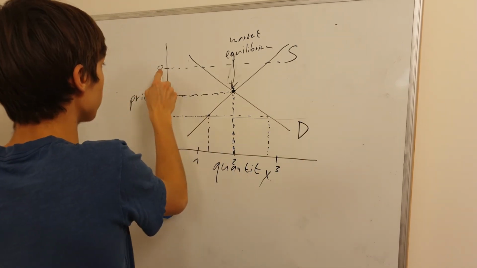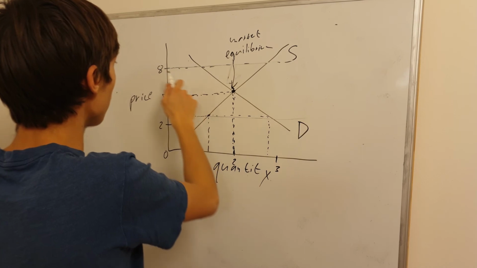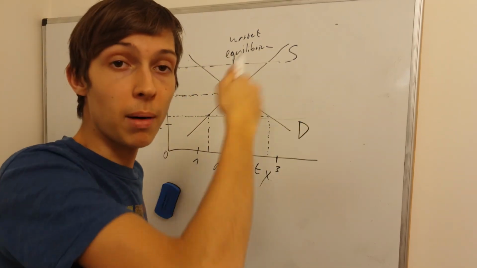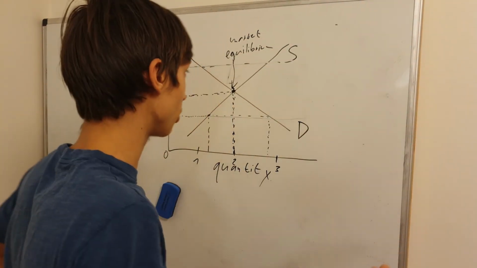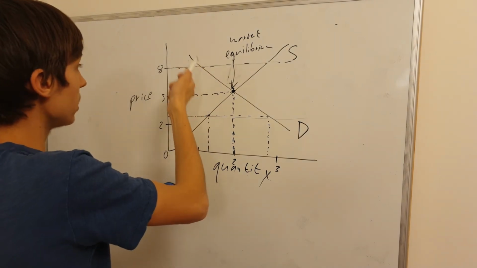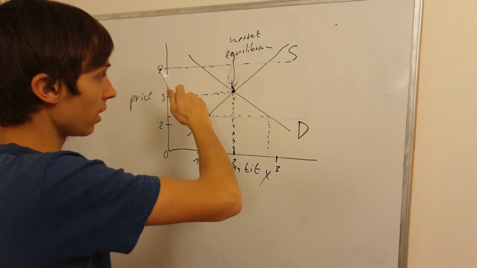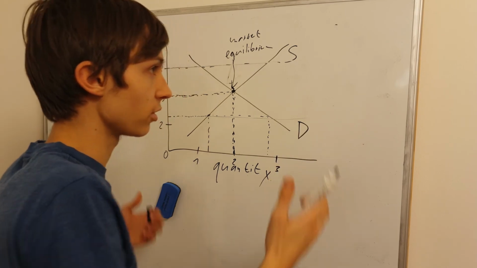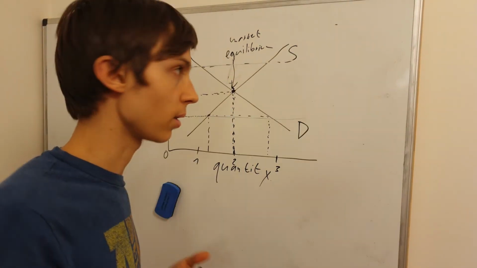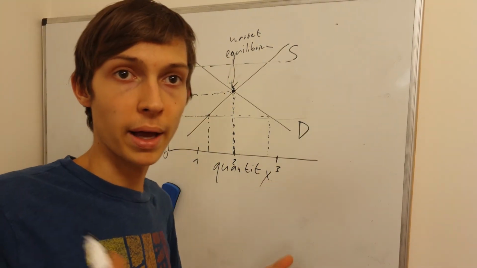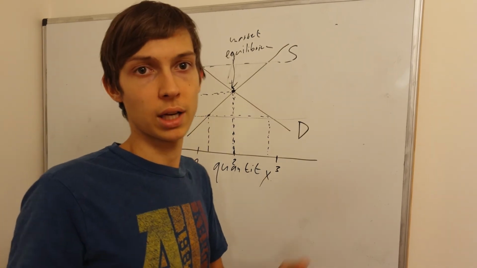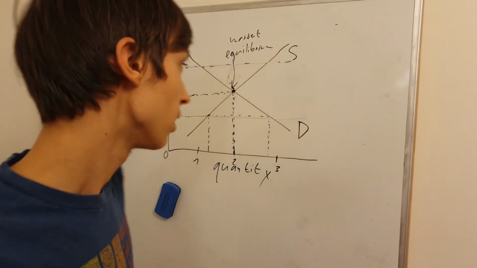And then if you look at a price above the equilibrium, above the market natural state, then you see there's actually under demand and oversupply, because suppliers are like, great, big prices, we're going to supply more, and the demand is low because people who are buying are like, why should we buy at such high prices? We don't want as much. So that's it.